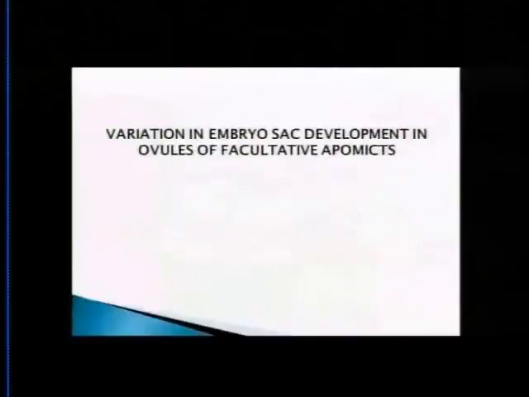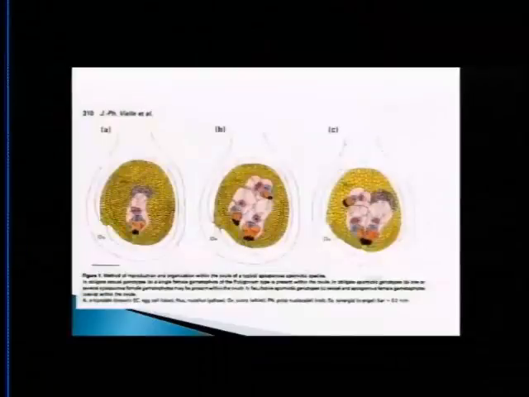Okay, you have variation in your embryo sac development in the facultative apomicts. And if you remember, I said the facultative apomicts are the most common, and you can have any of these scenarios, or all of these taking place.